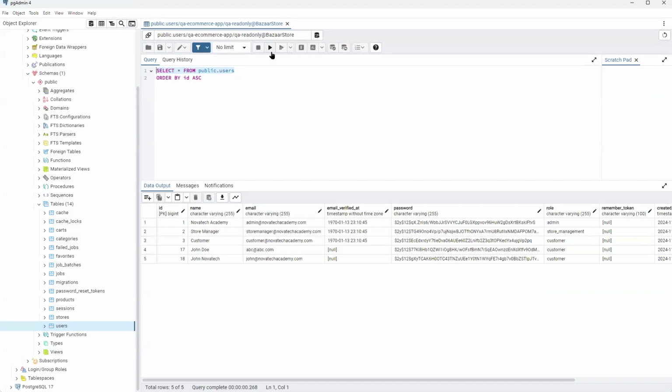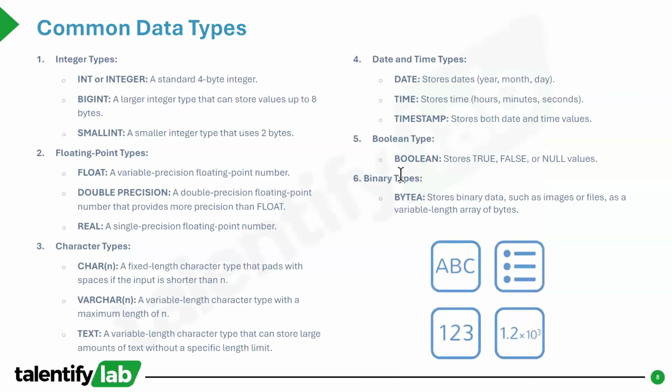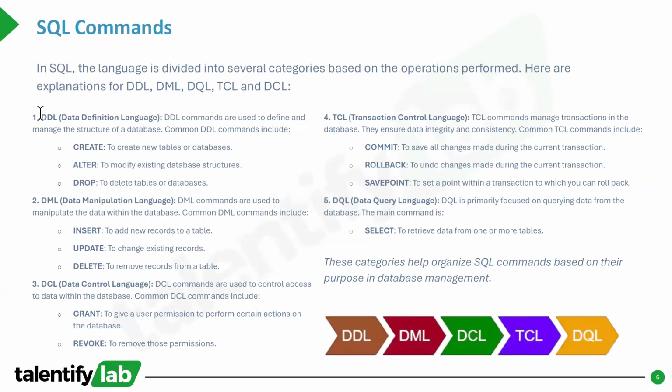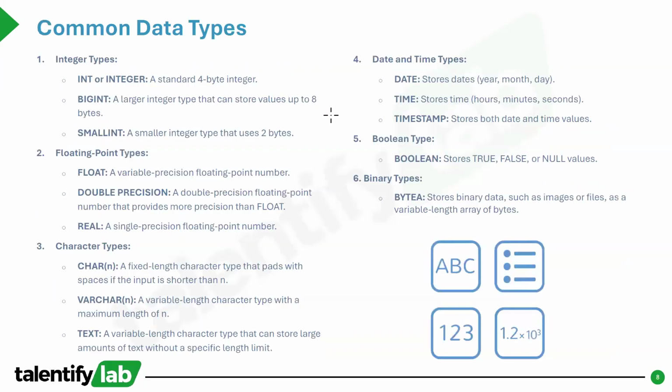When I run this, it will give me the data I created. You see, we have data definition, data manipulation, data control, transaction control, and data query. These are all SQL commands.